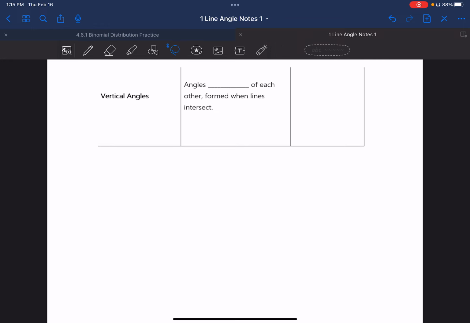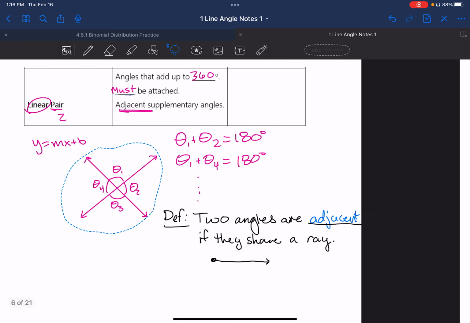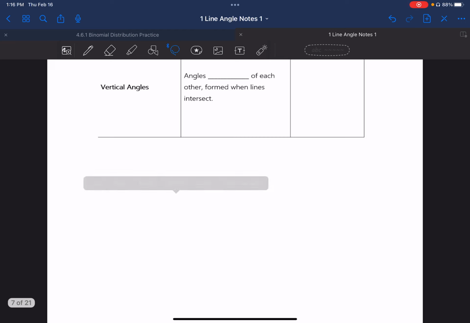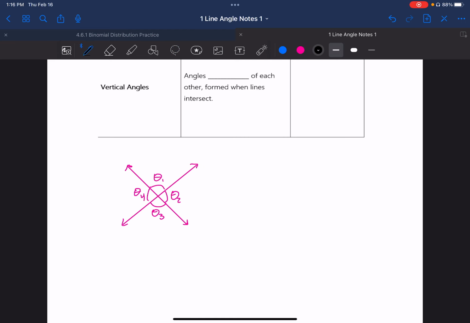Last definition here, I'm actually going to take this picture, copy it, and we're going to use it over here because this gives us angles that are vertical angles. Vertical angles are angles opposite each other formed when lines intersect.